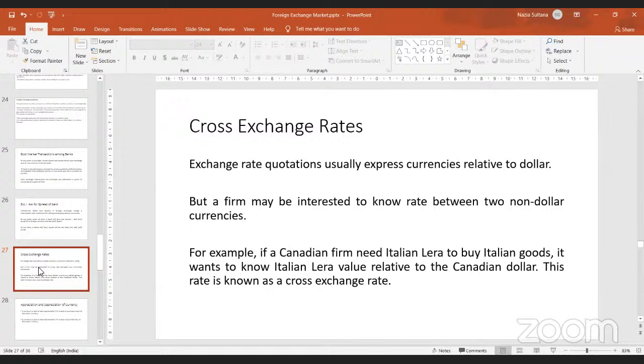So they will be called by their respective countries' currencies. Like in Canada you use dollar only, but it is not the US dollar, it is the Canadian dollar which you're transacting. The derivation comes from the US dollar only. So that particular currency is relative to the dollar. So that is called the cross exchange rate.